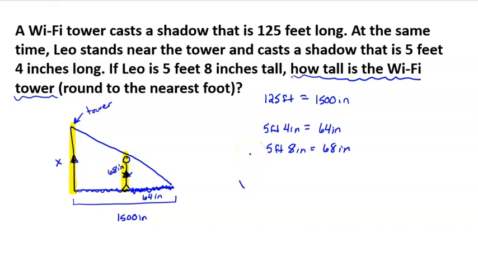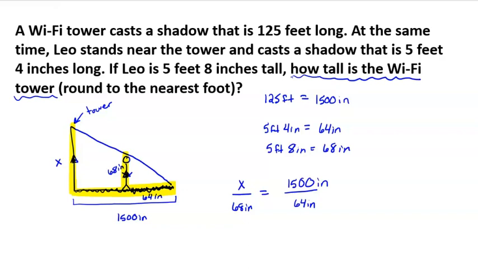So I have X goes with 68 inches, and then we have 64 and 1,500. Now remember, I put X as my top, so I want 1,500 to go on the top. I'm putting my larger triangle on the top and then my smaller triangle on the bottom, so 64 inches is going to go on the bottom.